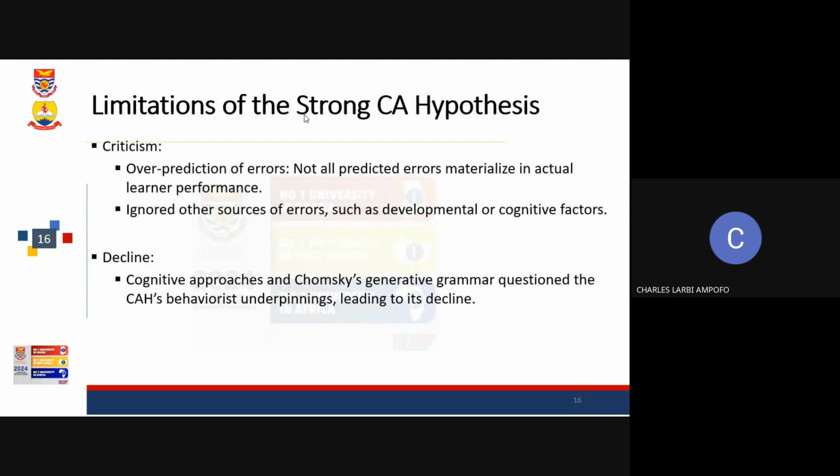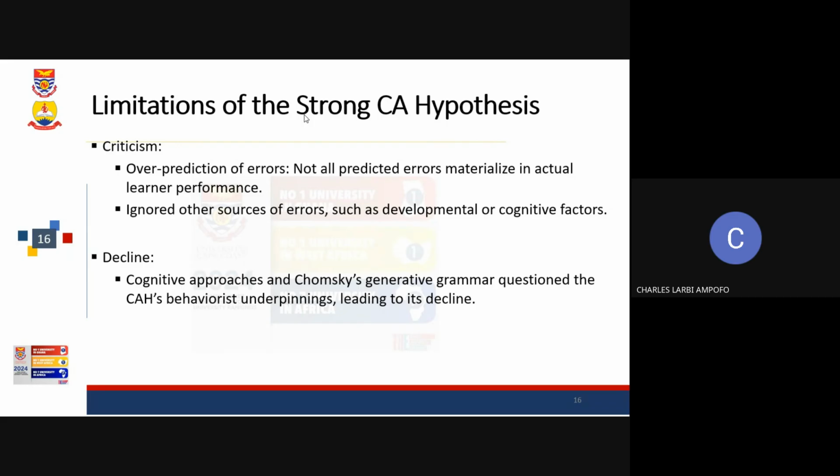Now let's look at the shortfalls or shortcomings of the strong version of contrastive analysis. The strong version says that all errors committed by second language learners are a result of transfer from their L1. However, some people disagreed, so they leveled some criticisms against it.